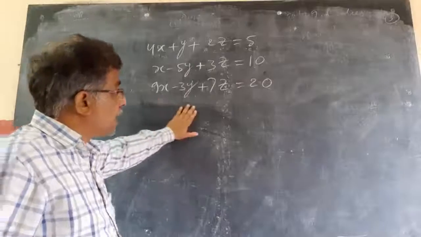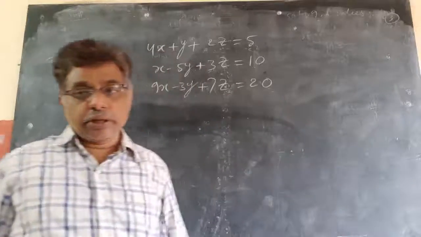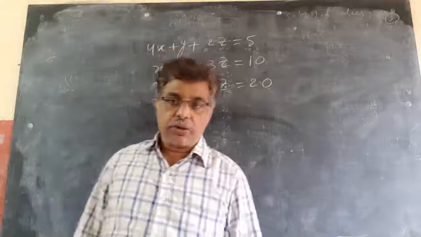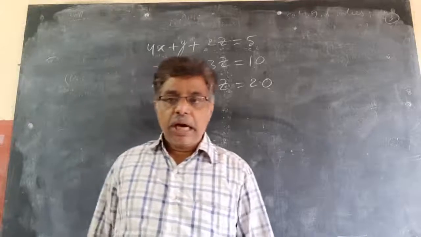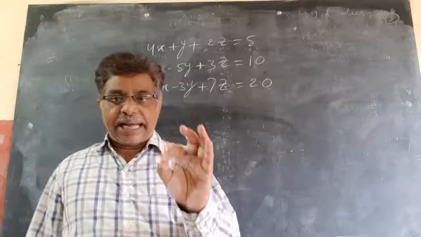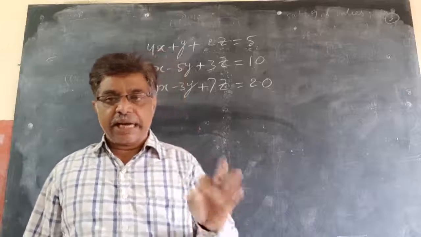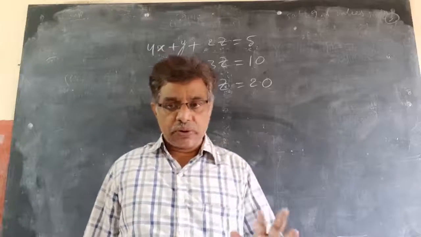What is the criteria we will follow, whether it is having a unique solution, infinitely many solutions or no solution? We will go for rank of A and rank of K. Depending on rank of A and rank of K, we can say about the number of solutions, we know.